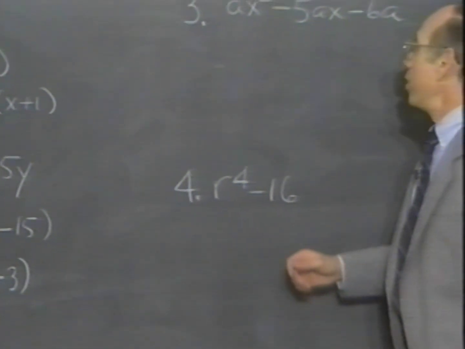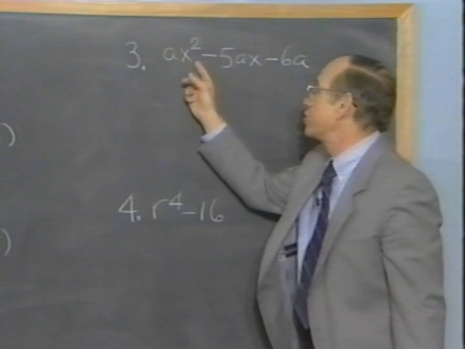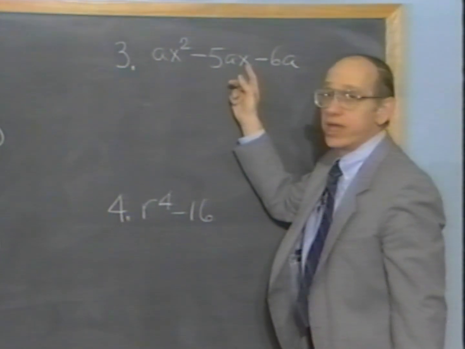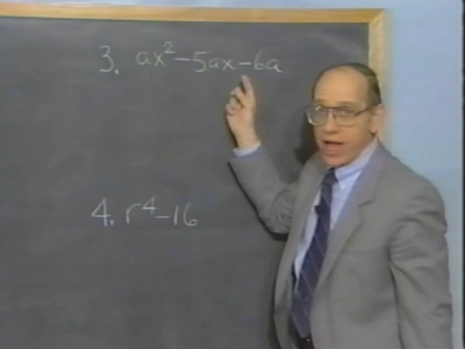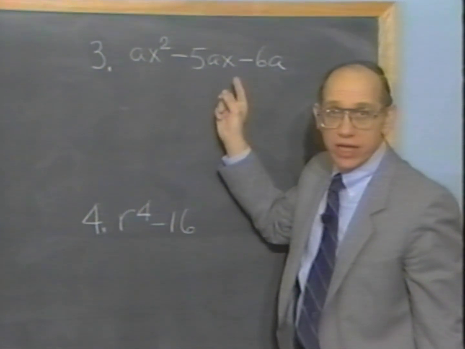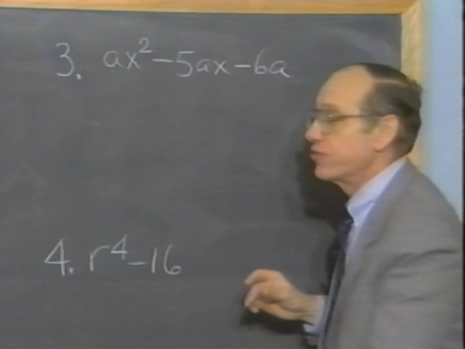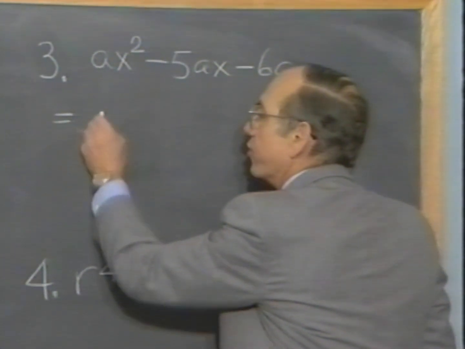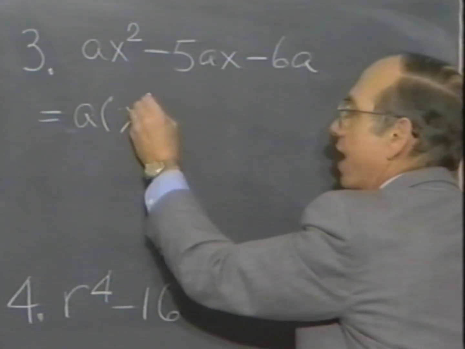In example 3, we have a similar looking trinomial. We have ax squared minus 5ax minus 6a. We look for a common factor once again. In this case, the common factor is a. Every term contains the factor a. So we factor out the a, and what's left behind is x squared, right?